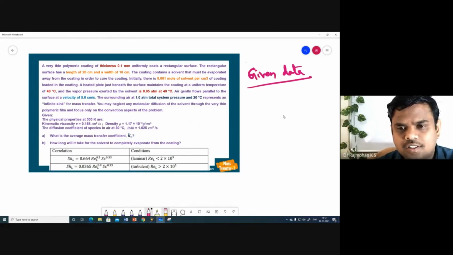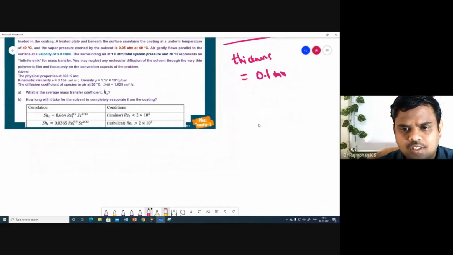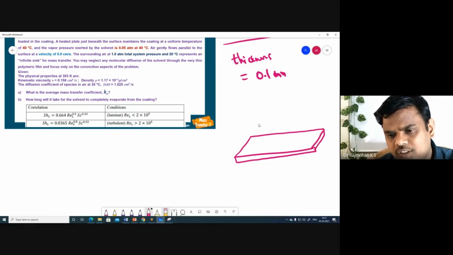It is given that the thickness is 0.1 mm. So if you draw the system like this, a rectangular surface, just recall the formula for length, width and thickness.